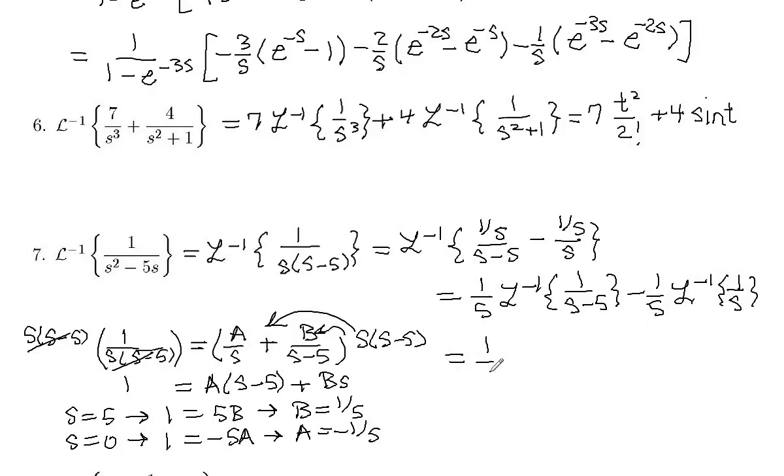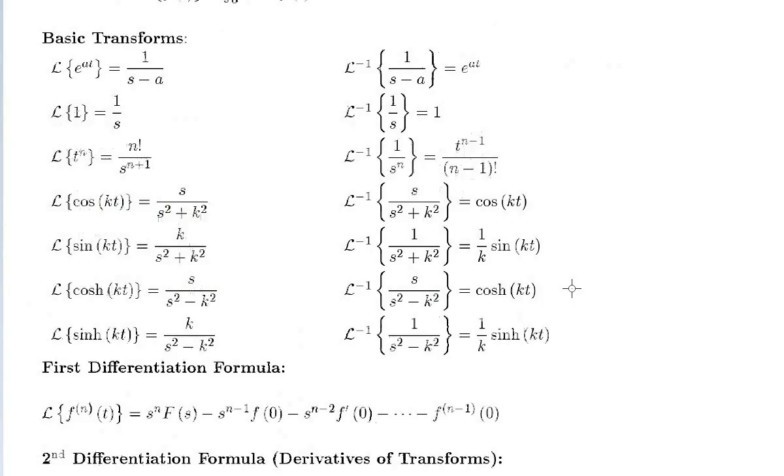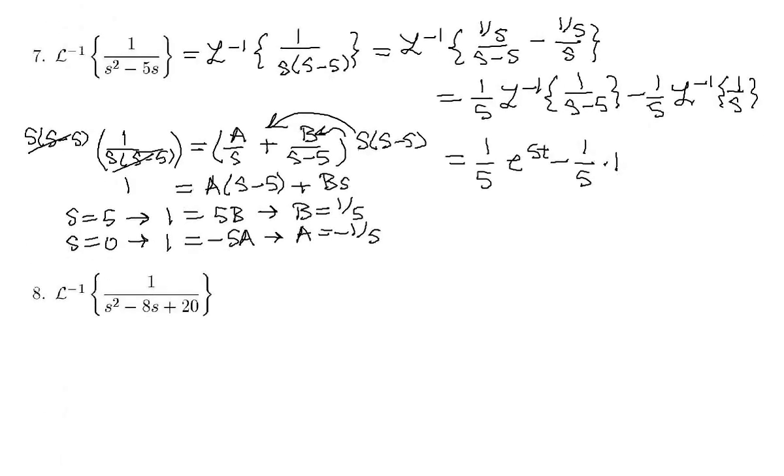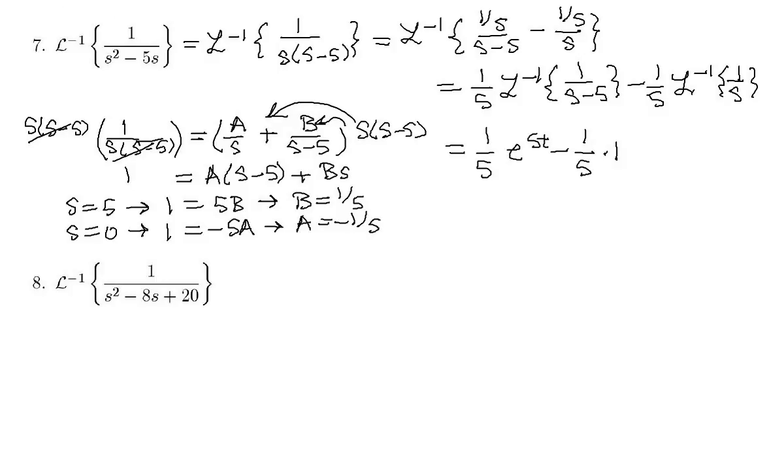So we get a 1/5 inverse transform 1 over s minus 5. So that looks like 1 over s minus a here with a equal 5. So e to the at, that's e to the 5t. And minus 1/5 inverse transform 1 over s is just 1. Okay, so that one's all done. So that was just basic transforms with partial fractions.